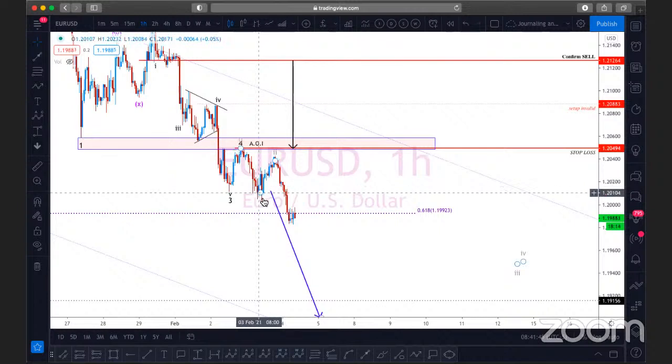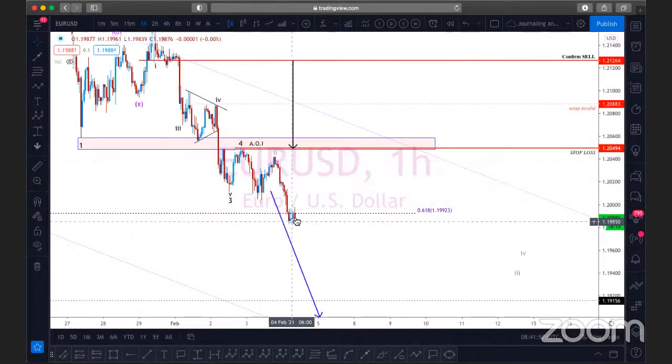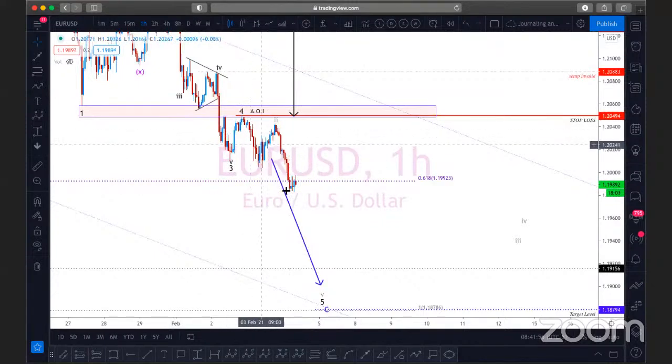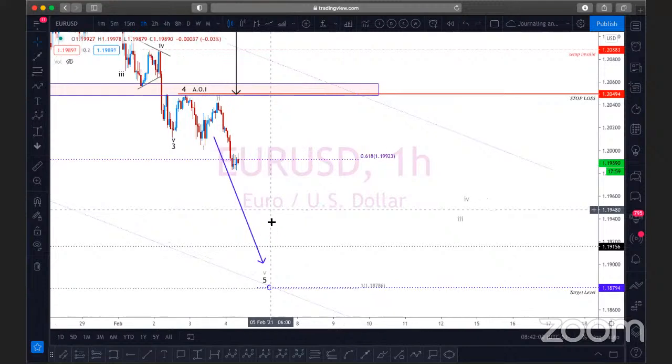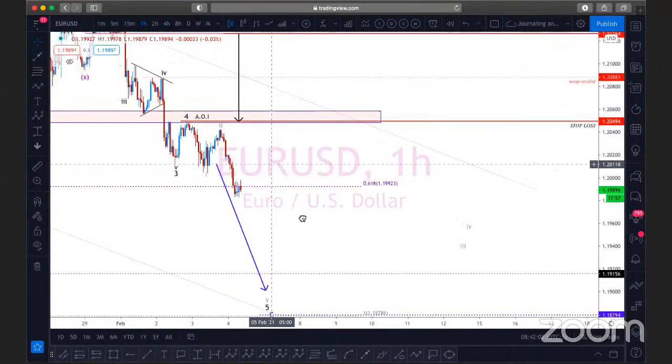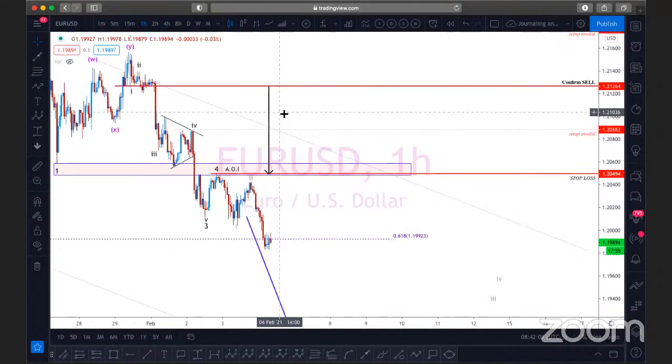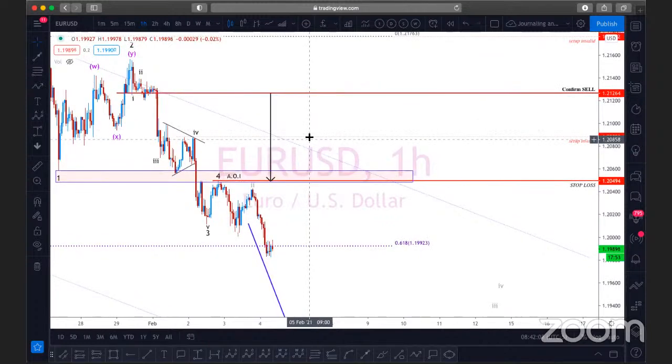And from there, we have wave 5 unfolding. We have a small wave 1 taking shape here. Wave 2, we look at 1, 2, 3, 4, 5 potentially coming in here to complete wave 3 of this wave 5 extension, right? So we are still short on Euro USD. What I would suggest, if you guys haven't already done so based on my recommendation, is to move your stop loss down to wave 4, right?